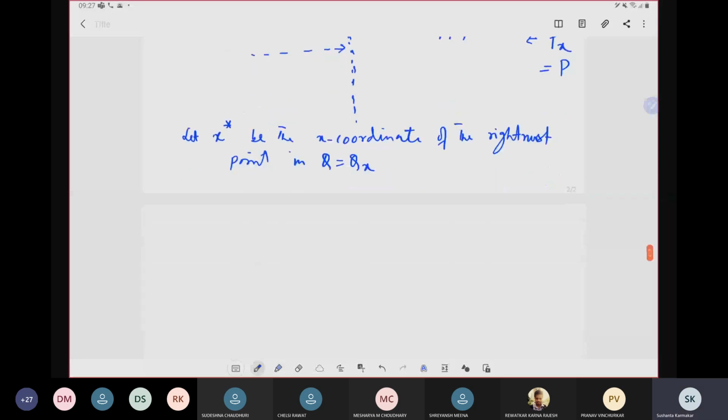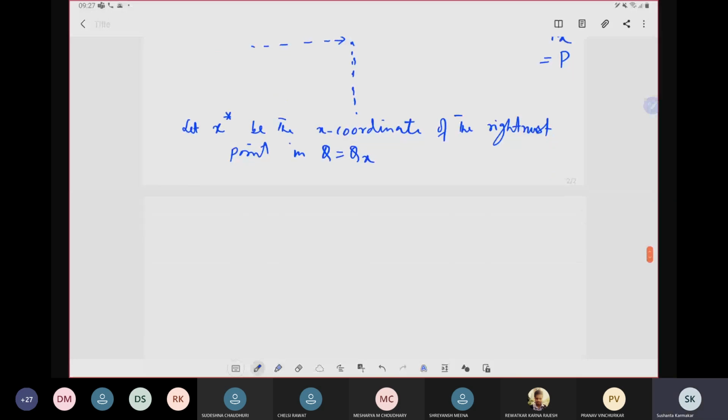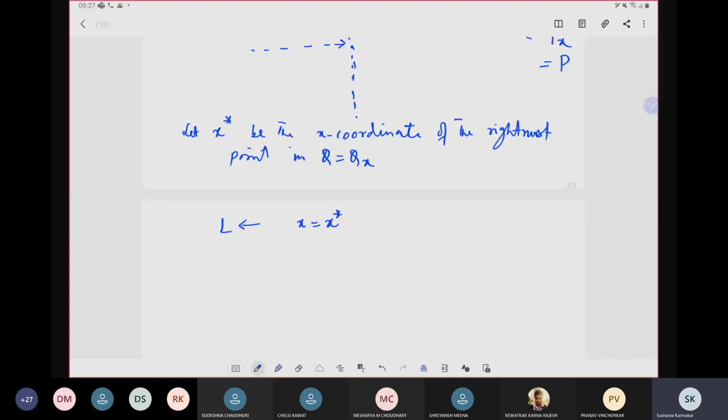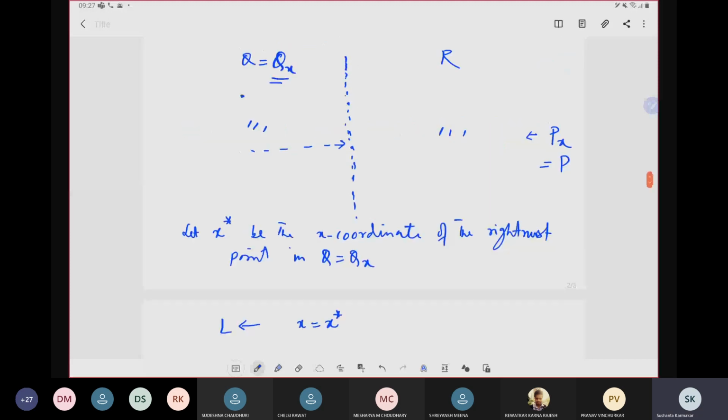So let us assume that there is a line L denoted by the equation x equal to x star. So I draw this vertical line, x equal to x star.